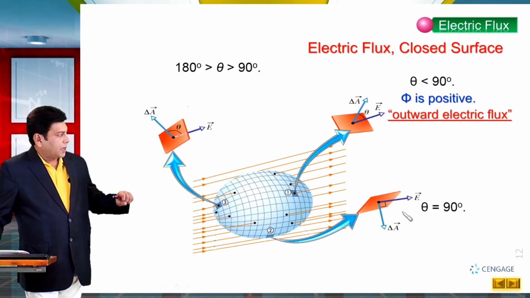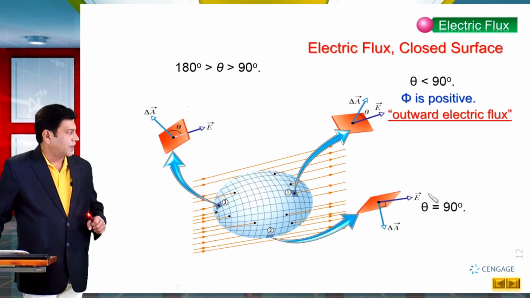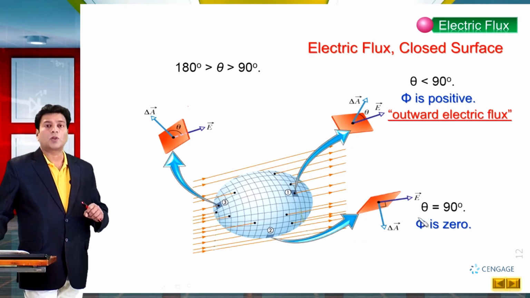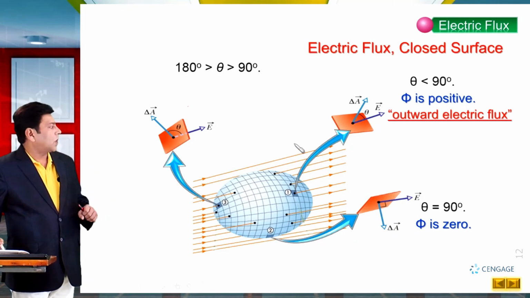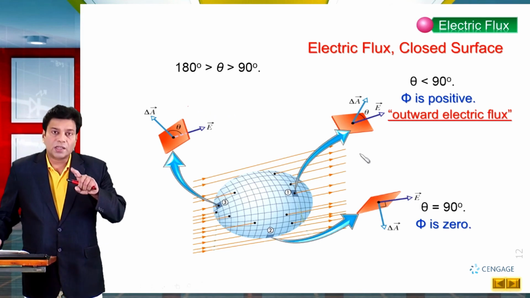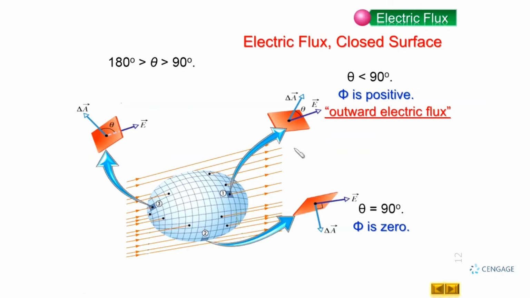Come to second element. This is the second element here, and here electric field lines are grazing the surface. So flux here is 0 because cos 90 equal to 0. Now come to the third surface. The electric field lines are crossing the surface from outside to inside. That is incoming flux.